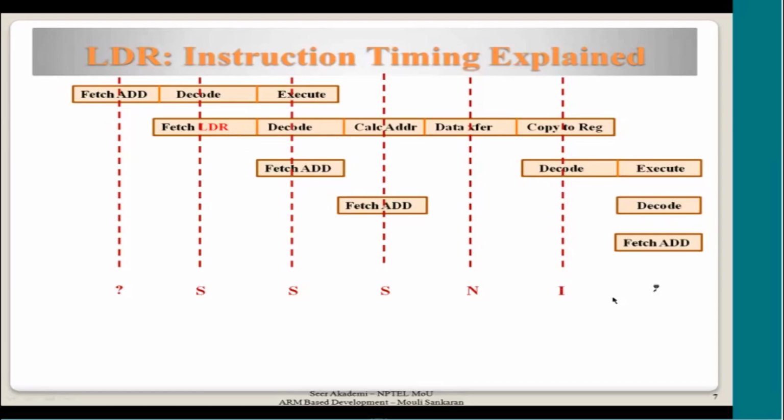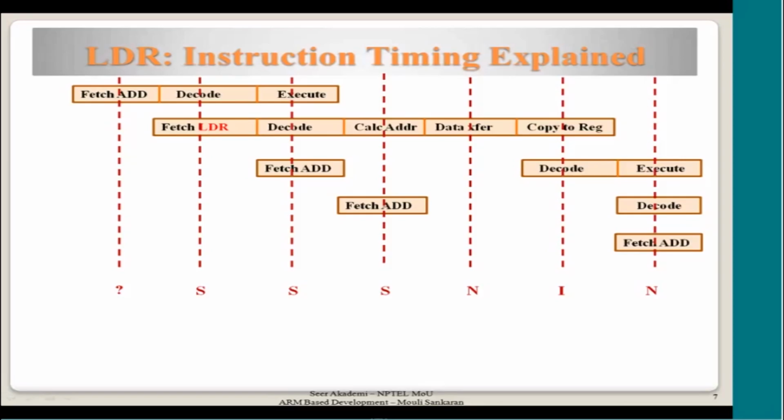So it is going to be an I cycle. Next, this is very important: you should remember this fetch has nothing to do with the previous data transfer. So the first instruction access will also be a non-sequential access. Now how much time has our instruction of interest spent in the execute stage?